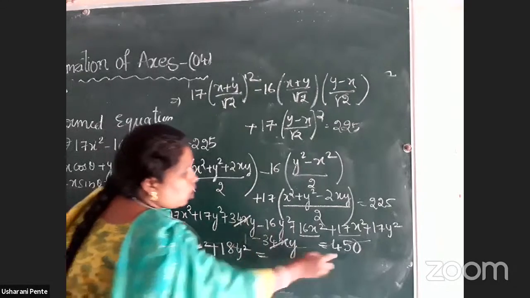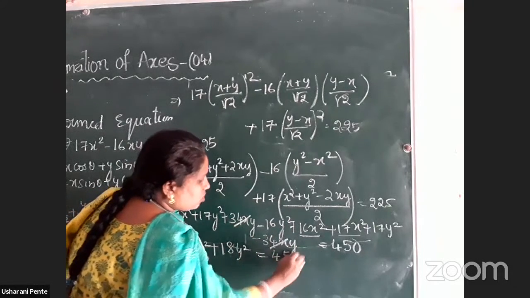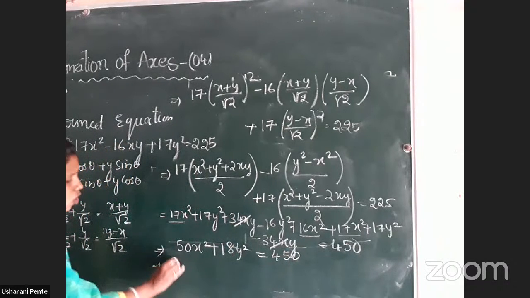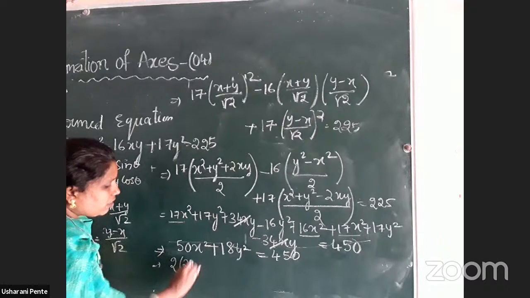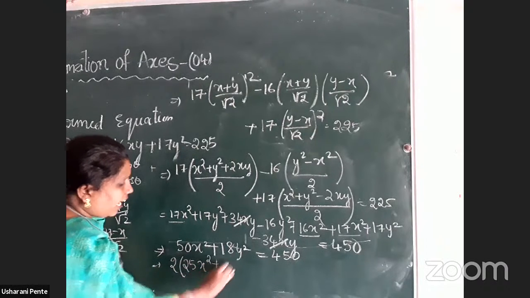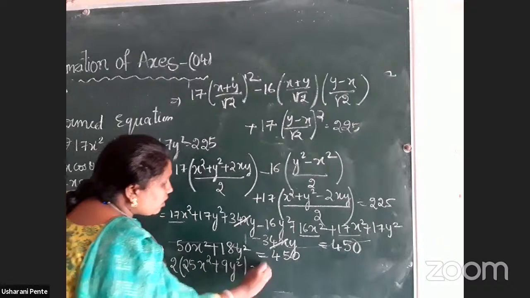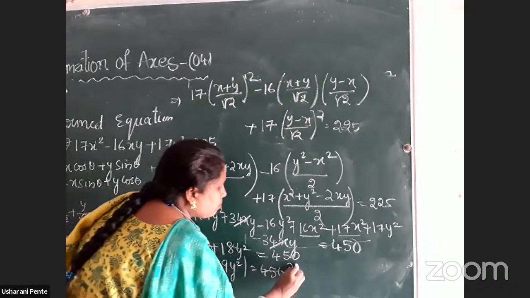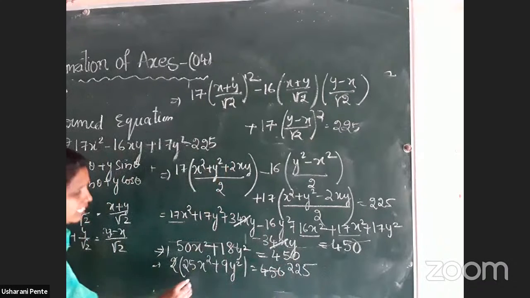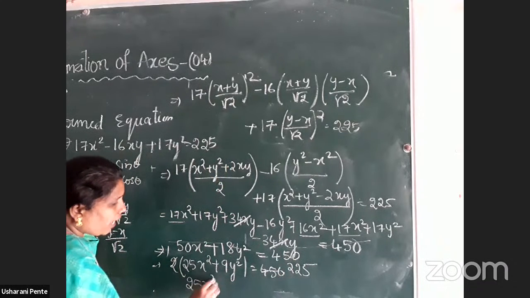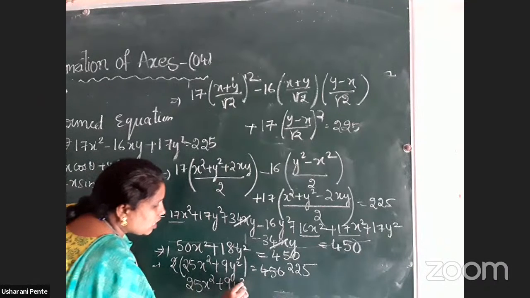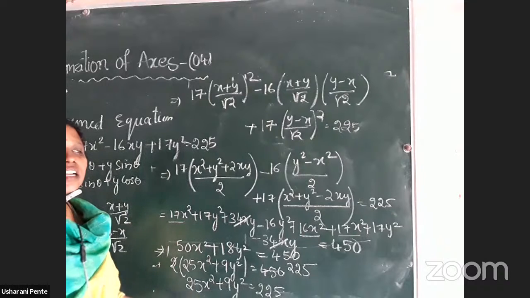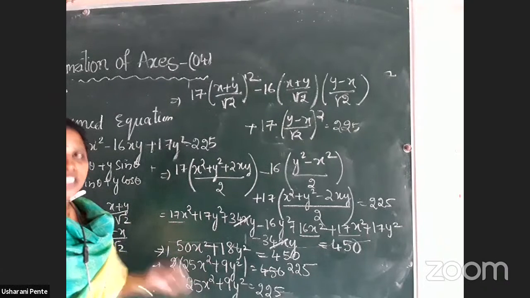That is equal to 450. Taking 2 common, we get 25x square plus 9y square is equal to 225. Hence, this is the required original equation.